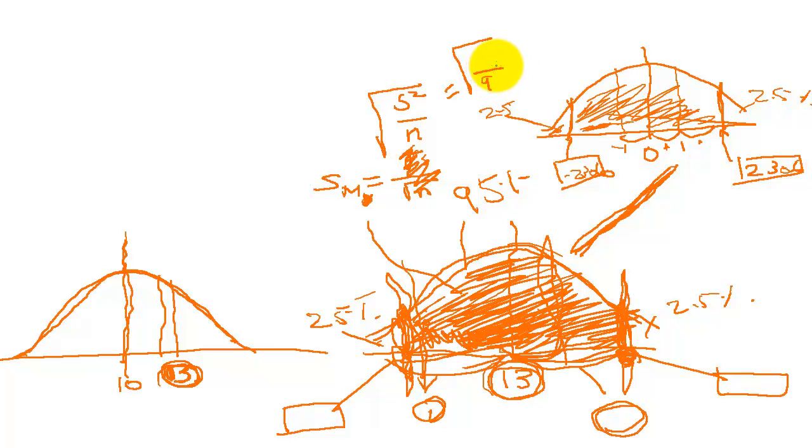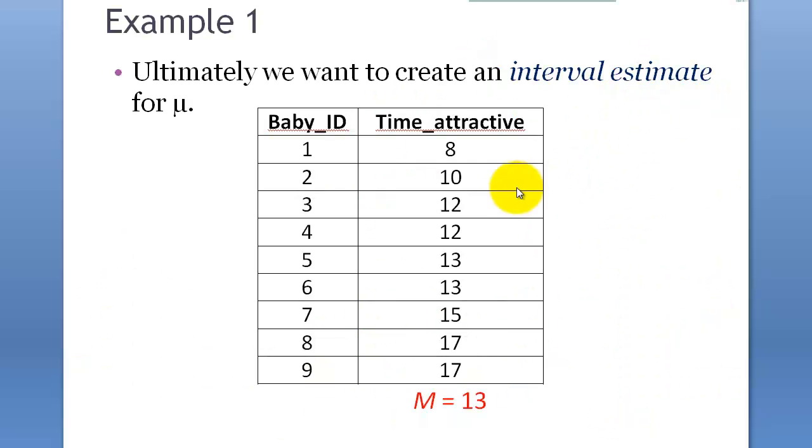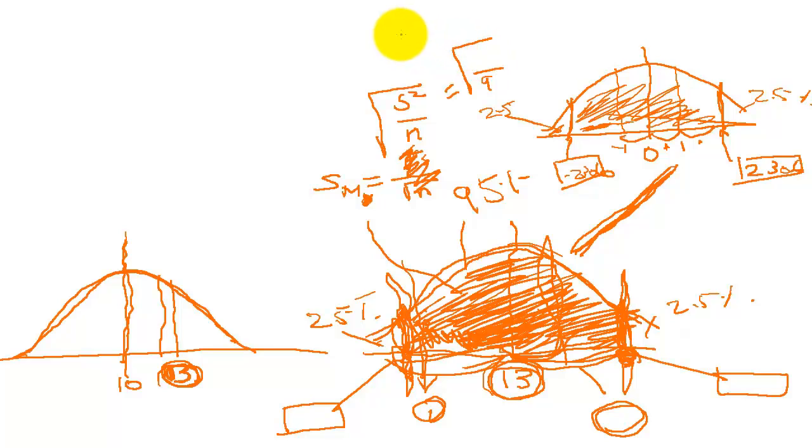And the sample variance, what was the sample variance? I have to calculate that, but okay. Sum of squares and so on, and the variance is 9. So in this case it's 1.